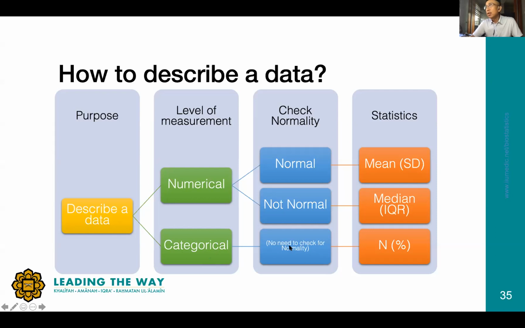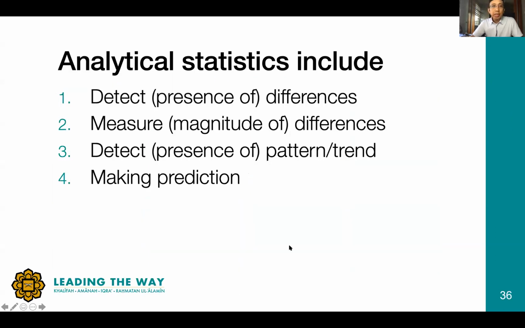All right. And when I talk about analytical statistics, analytical means you want to detect the presence of differences, and trying to measure the magnitude of differences. If you see one bar high and one low, you know that there is a difference. But if you want to measure how big the difference is, that is number 2, measure the magnitude of difference.